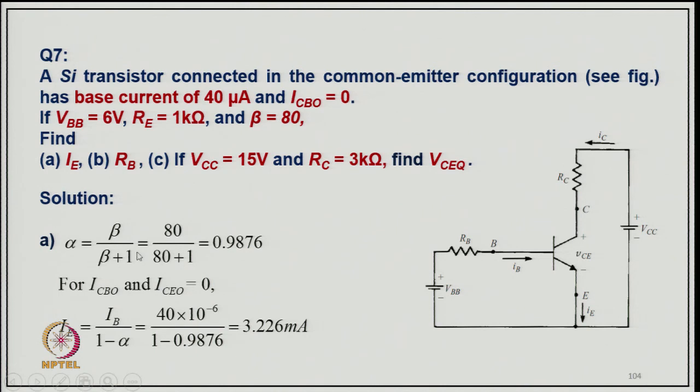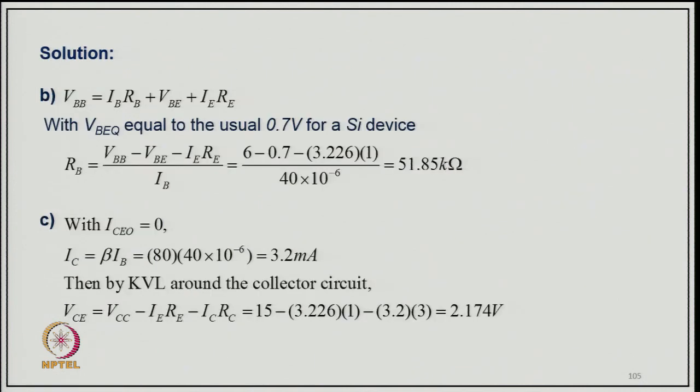So, we say alpha equals beta upon 1 plus beta, putting the value it comes 0.9876, and ICBO and ICO equal to 0. So, IE equals IB divided by 1 minus alpha, putting the value it comes 3.226 milliampere. In part B, VBB equals IB RB plus VBE plus IE RE.